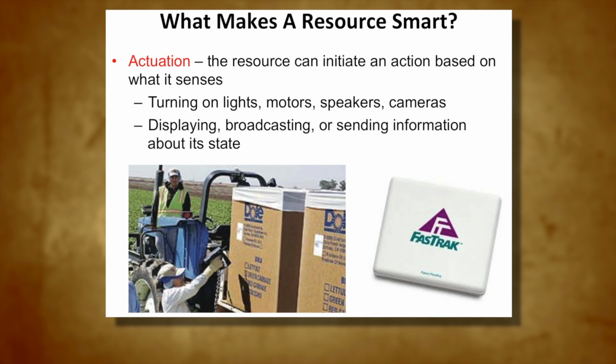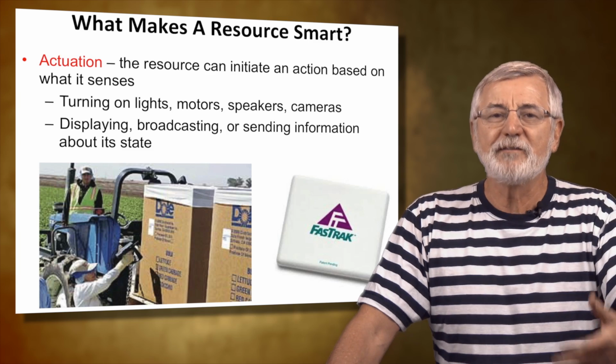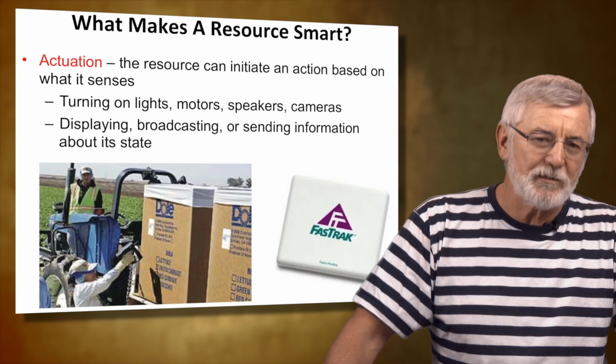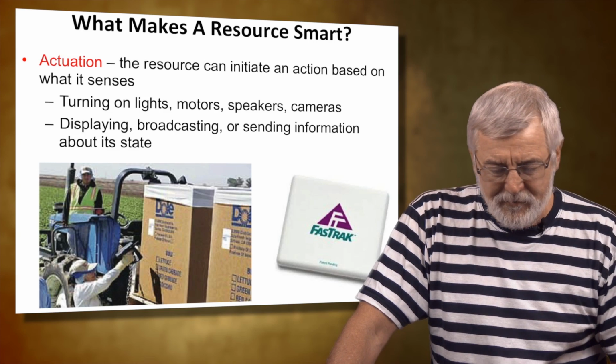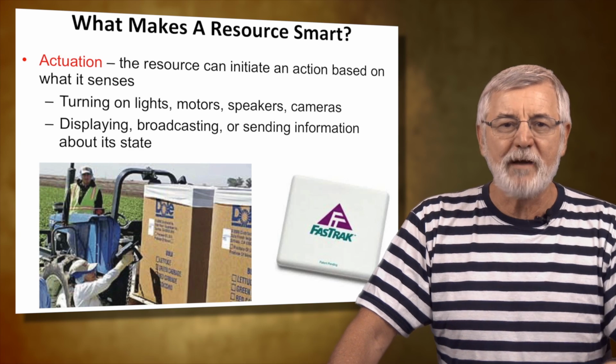All right, as I said before, knowing where something is, or being able to sense something, is only important if you can act on that information. So an important next step of being a smart resource is to be able to actuate. That means that the resource can initiate some action, maybe turn on some other resource like lights or motors or speakers or cameras. A security camera may be turned on by motion, for example. That device may also be capable of displaying or broadcasting, otherwise sending information about its state.